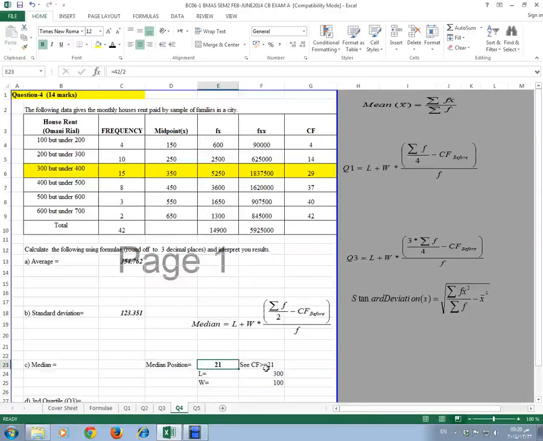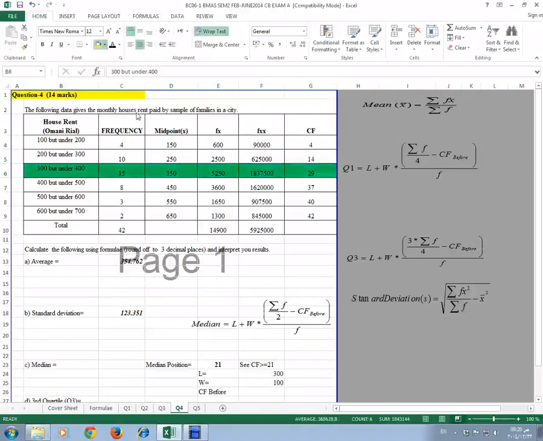And CF before means the CF before our line here, which is 14.